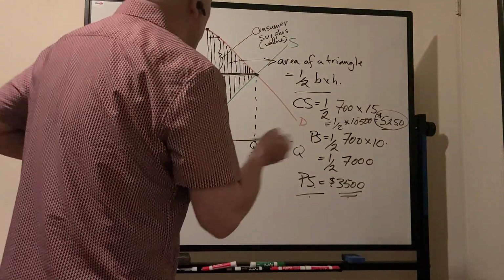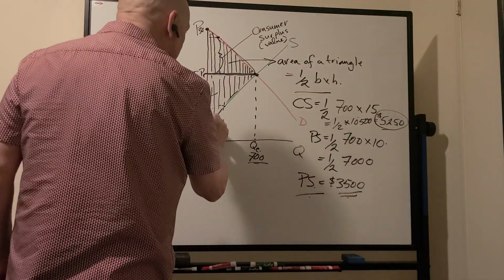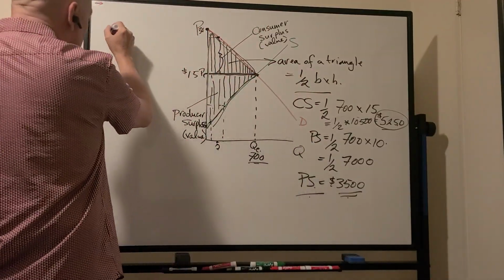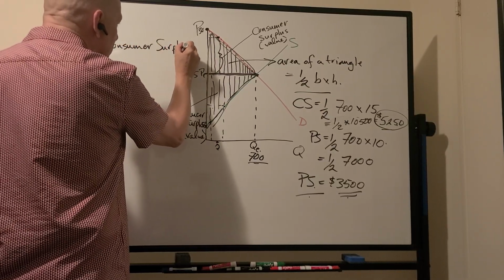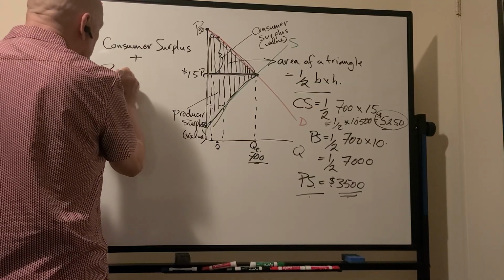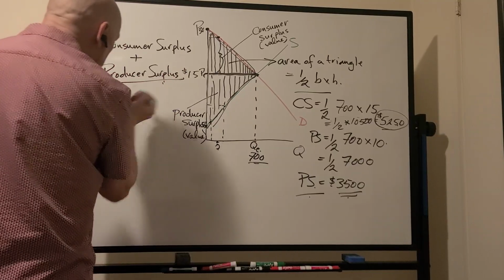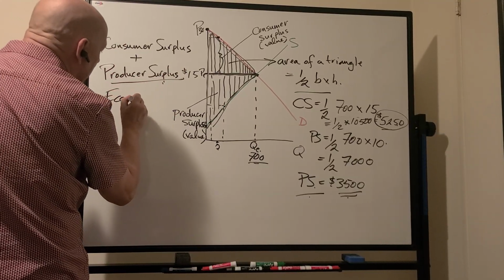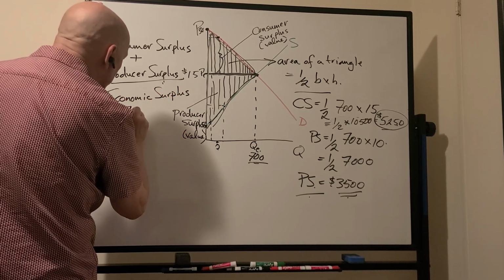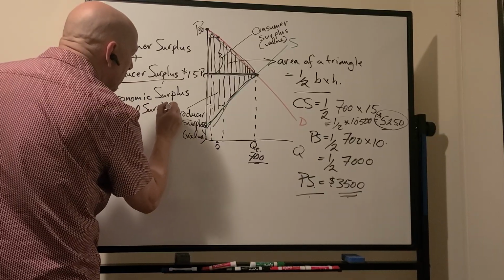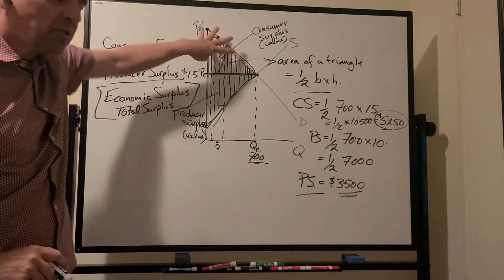So what we call this is we say this entire area of this triangle, the consumer surplus plus the producer surplus, is equal to what we could call the economic surplus or total surplus. Okay? So we have these two terms for this entire side of the triangle.